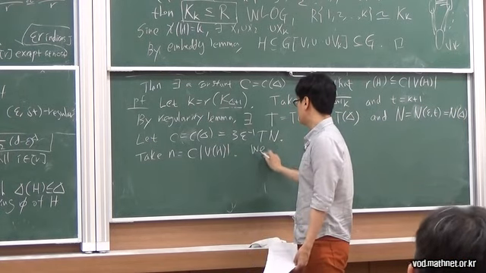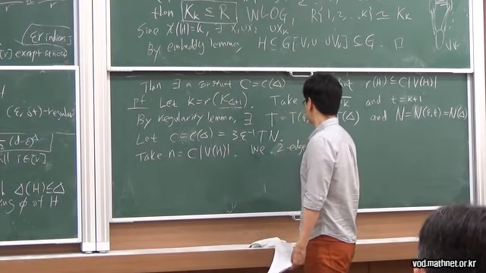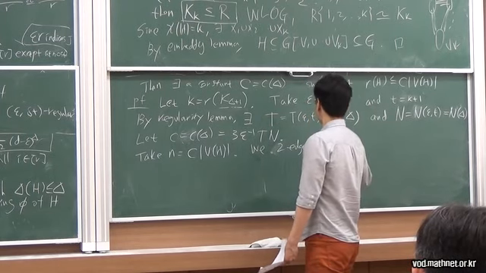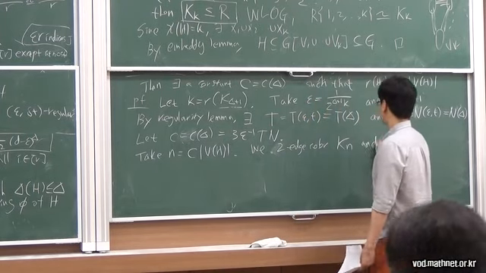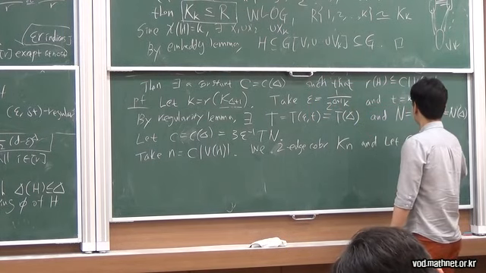So we two-color K sub n, and let G be the red graph.